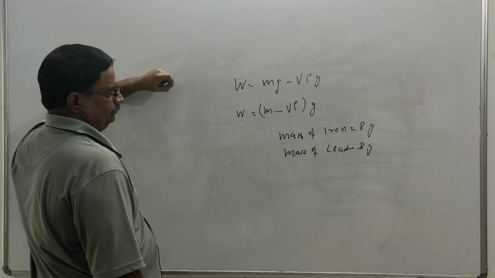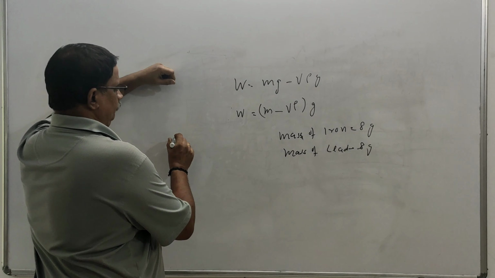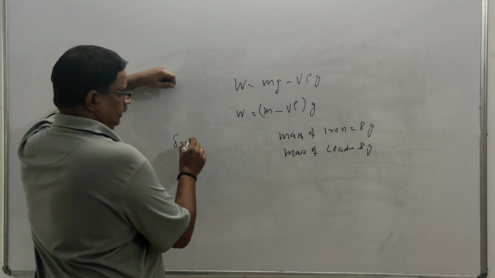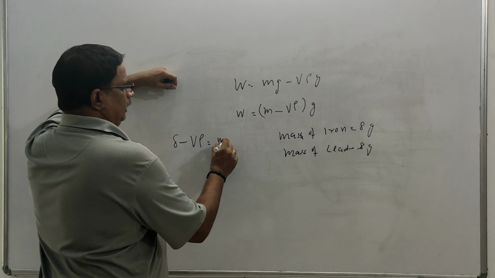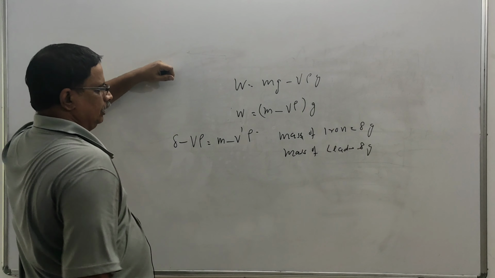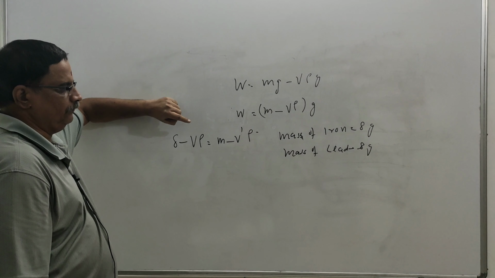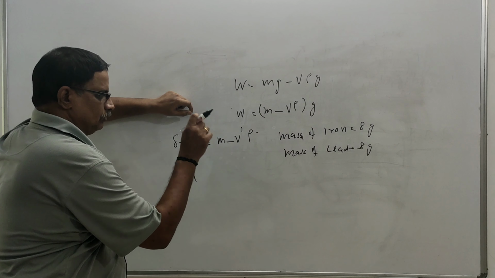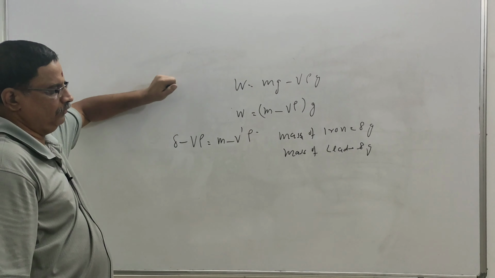What is the mass of iron? 8 gram. So 8 minus what should we write? 8 minus V rho should be equal to M minus V dash rho. Both are in water. 8 minus V rho is the apparent weight of iron in water, and M minus V dash rho is the apparent weight of lead in water. We have to find them.